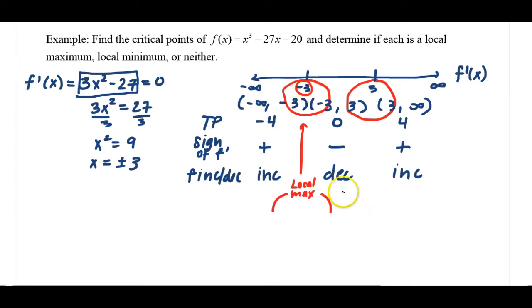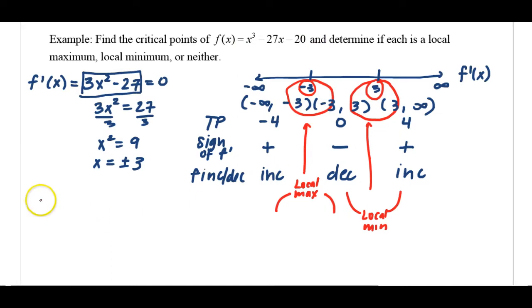And a change from decreasing to increasing over these two intervals that are next to each other is going to create a local minimum. So that local minimum must occur at this critical point 3. So the problem says find the critical points and determine if each is a local max, local min, or neither. So here's what our summary needs to look like.